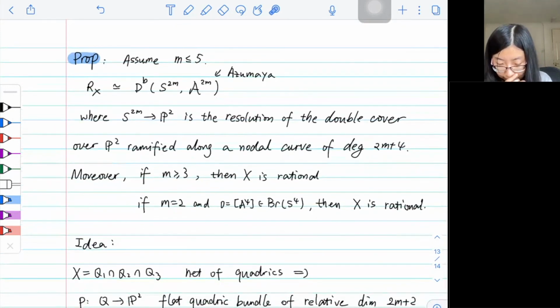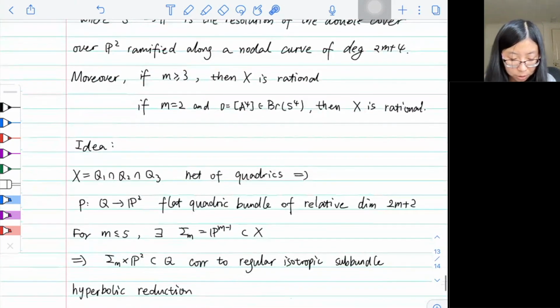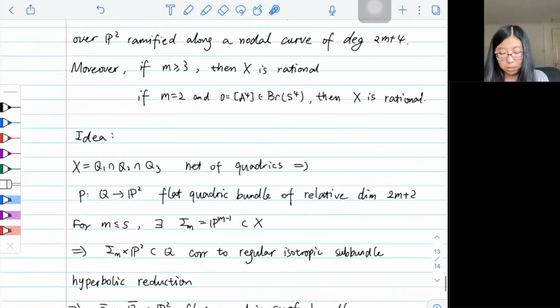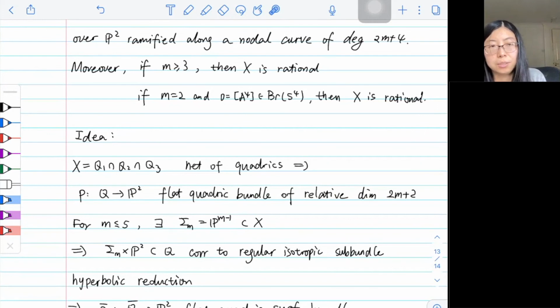So the idea for this proposition is that, as I mentioned, for the smooth complete intersection, we can consider the net of quadrics to get this family of quadrics of relative dimension 2m plus 2. Since our result is only for quadric surfaces, we have to make some reduction before we can apply the main results.